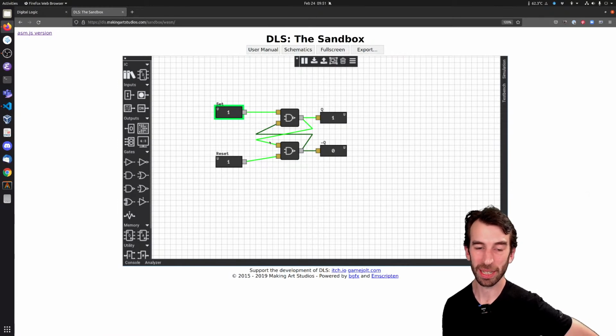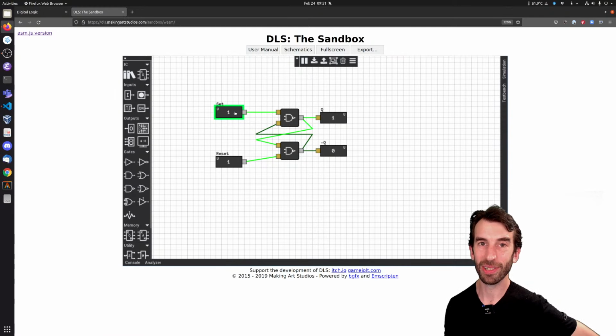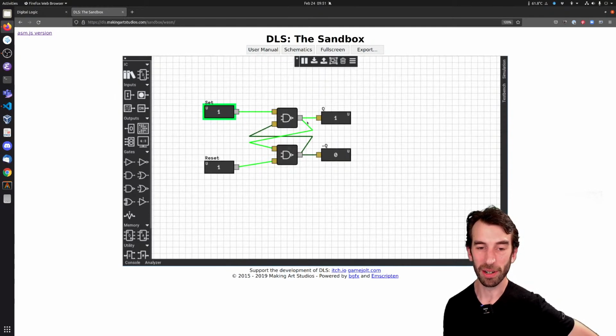It means that no matter what the case is with its top leg, it's going to output 1. And because this one still has a 1 input, that one will start outputting 0. So by changing the reset to 0 and activating the output of this lower NAND gate, I'm deactivating the output of the top NAND gate.